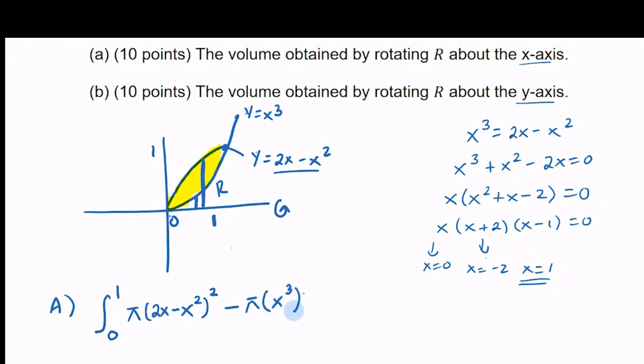So it's going to be (x cubed) squared. And again, the reason for squaring this is because it's supposed to be pi big radius squared minus pi small radius squared. So if you want a representative washer, it would look something like this. The actual shape is probably going to be like a flower petal shape kind of thing down there. And we're integrating this with respect to x.